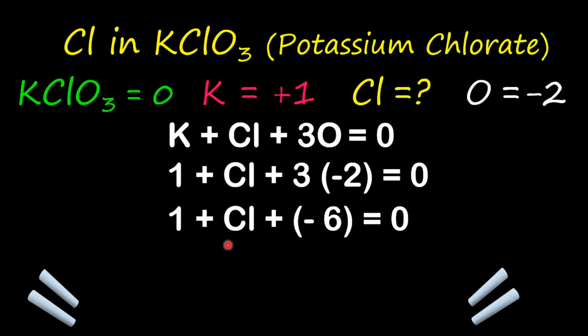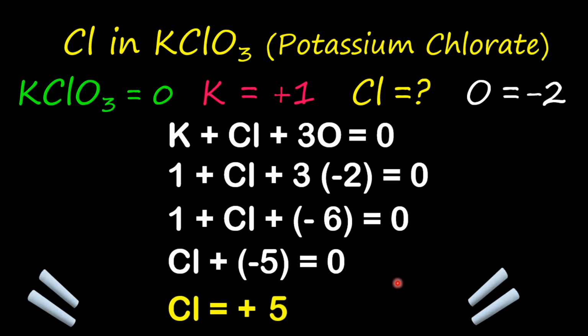And now we can put our like terms together, and here we're going to put +1 plus -6. That will give us -5. So therefore we can have chlorine plus -5 equal to 0. To bring the -5 over, it's going to become a positive number. So therefore chlorine is equal to +5. So the oxidation number for chlorine in potassium chlorate is +5.